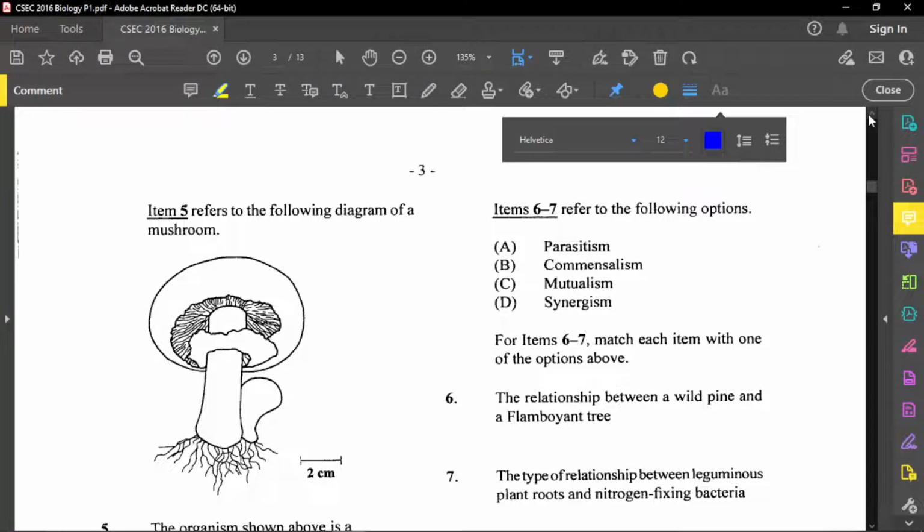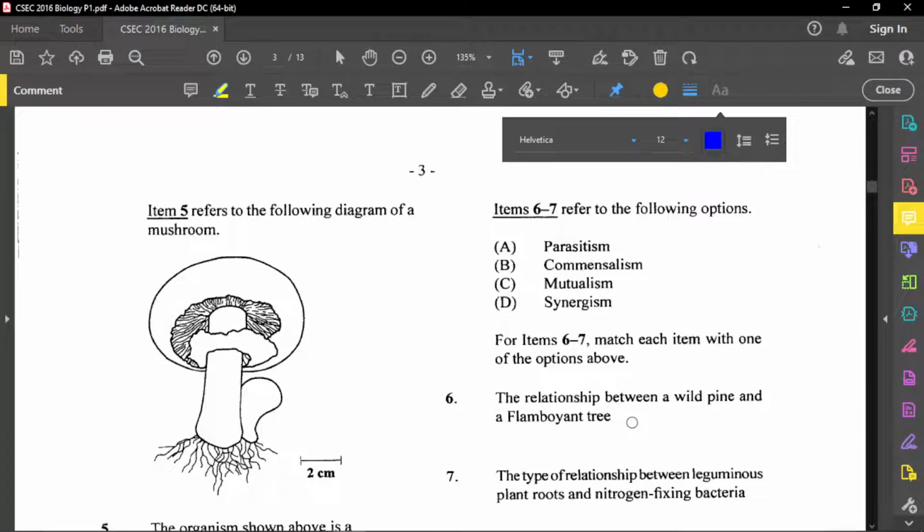Items 6 and 7 refer to the following options: parasitism, commensalism, mutualism, and synergism. For question 6, it asks about the relationship between a wild pine and a flamboyant tree.